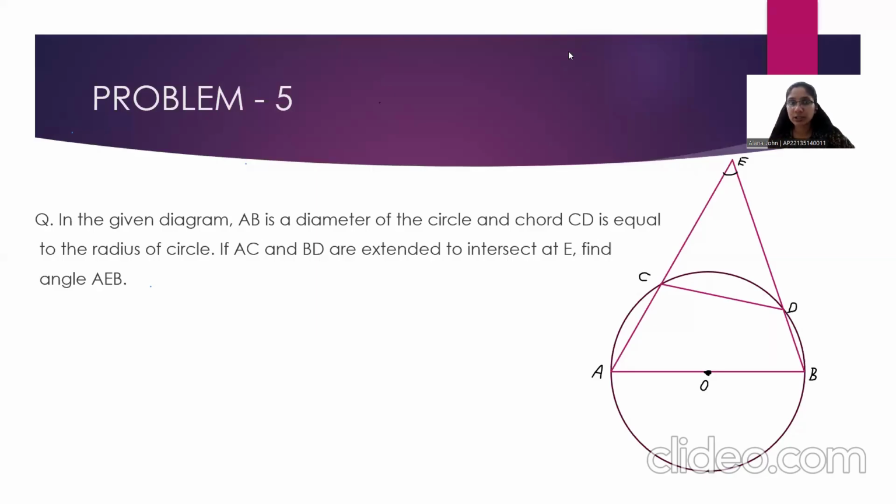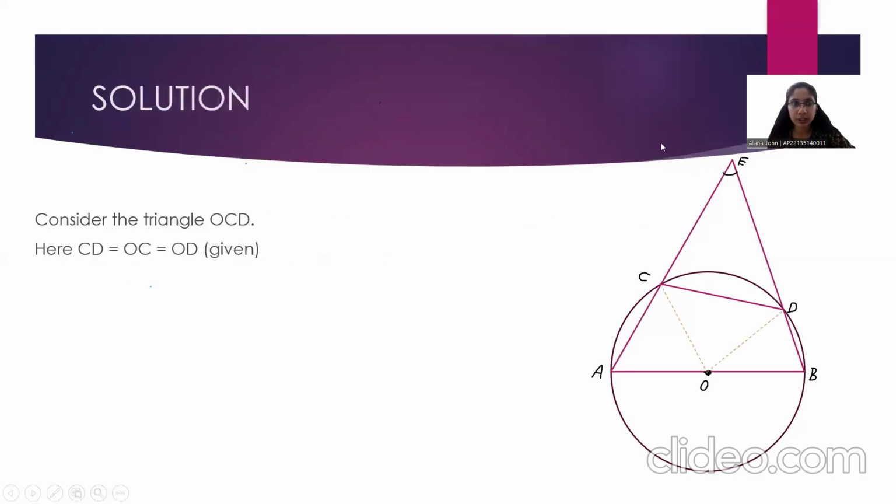So let's move on to the solution. Here is the solution. It was given that the chord CD is equal to the radius of the circle, right? Now here, I'm joining this point C to the center O and the point D to the center O. Then clearly OC and OD are the radius of the circle. And also it is given that CD is equal to the radius of the circle.